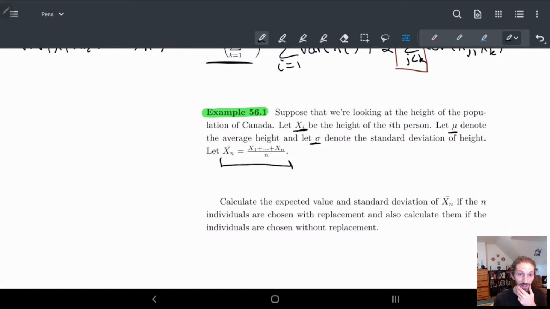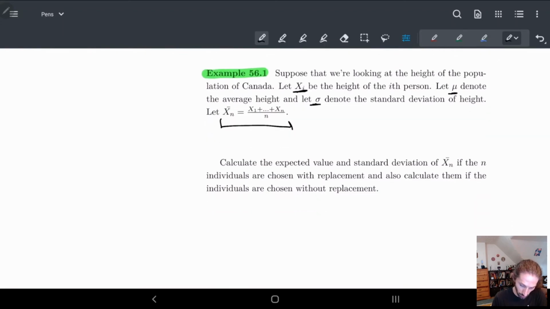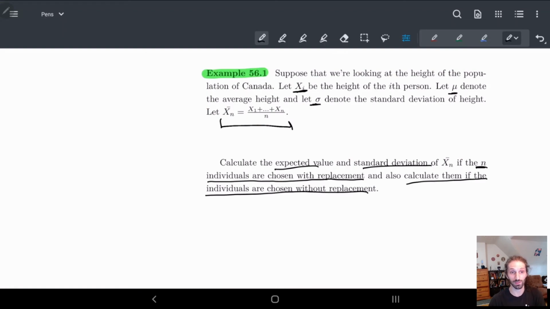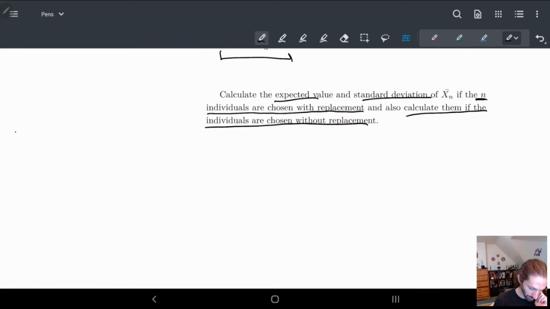So we're going to calculate the expected value and standard deviation first off, if the n individuals are chosen with replacement, and also calculate them if the individuals are chosen without replacement. Here's where things are going to get a little hairy potentially. The expected value for both cases is really easy. Both cases.